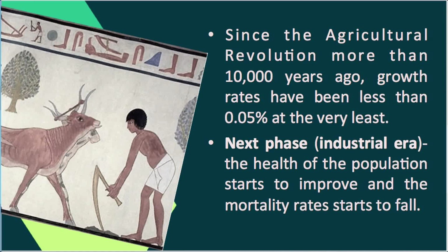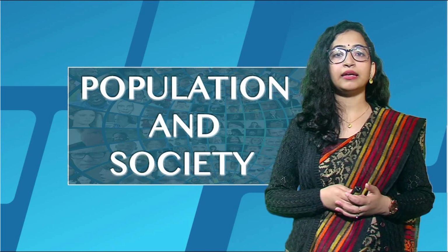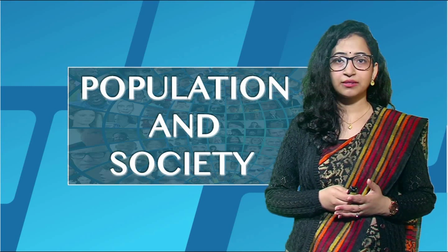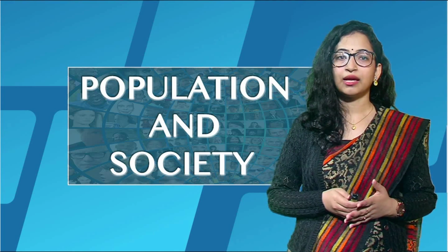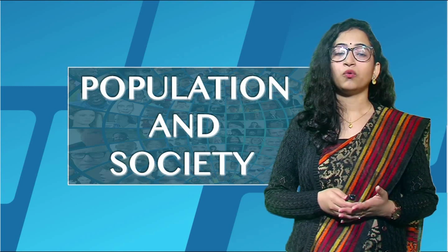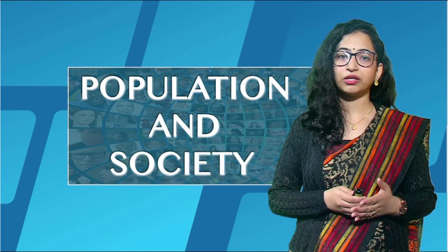the very least. Then what happened in the next phase, that is the industrial era, was that the health of the population started to improve and the mortality rate started to fall. At least in Europe, the initial decline in mortality was brought about by a period of peace that was followed by a number of agricultural innovations, and that significantly increased the food supply, which was then further enhanced by the abundance of resources from the New World.